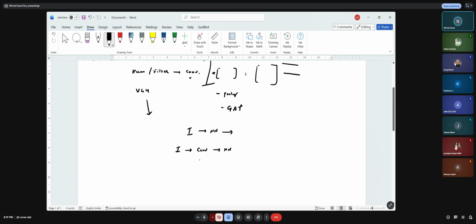So in convolution, pooling, such kinds of layers are organized, and then in the neural network we have dense layers, dropout layers, activation functions, sigmoid for binary, then softmax for multi-class classification, and we get so and so results.